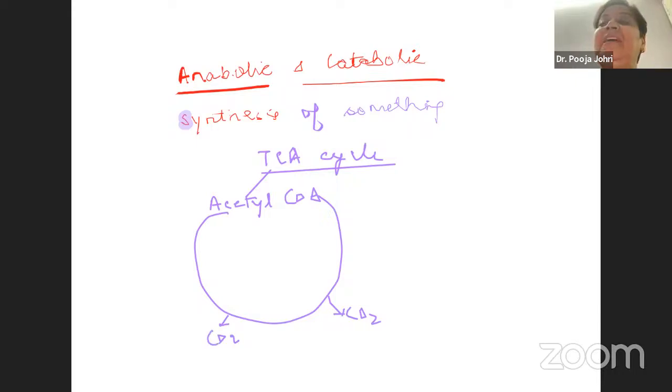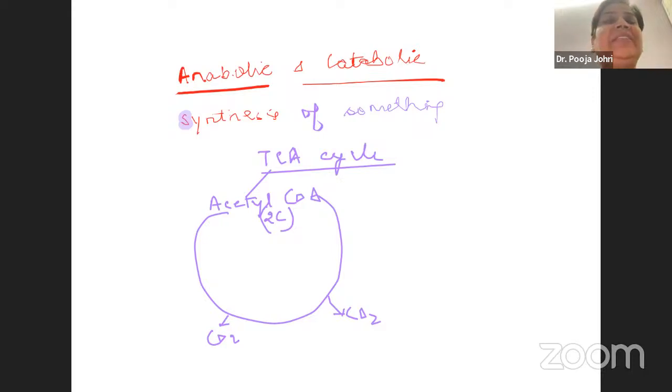That means it is a catabolic process. Got my point? So kata means breakdown. Breakdown किसका हो रहा है? Acetyl coenzyme A का, which has two carbon atoms, and it is dismantled, giving out one carbon dioxide and one more carbon dioxide. Clear?